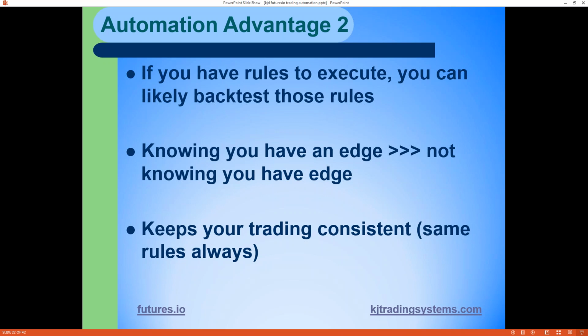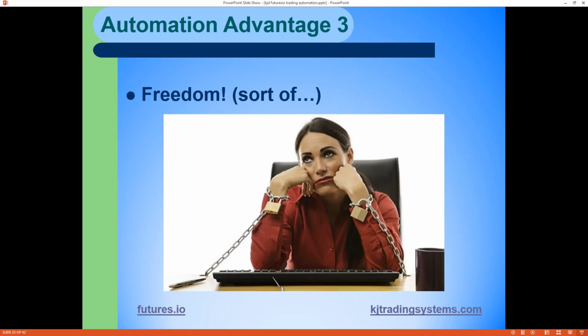Over the long run, though, being able to back test is definitely an advantage with automation because you can see how things have done. Okay, so that's the second advantage. So we have reducing emotions or changing your emotions a little bit, we have being able to back test, and then we have freedom.